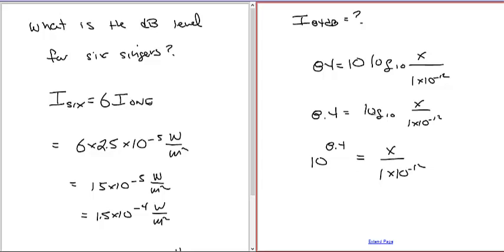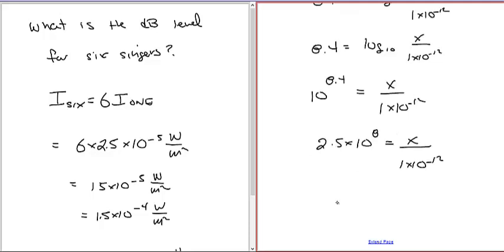Because here I'm doing 10 to log base 10. Okay, so 10 to the 8.4 power is 2.5 times 10 to the, let's count them, 1, 2, 3, 4, 5, 6, 7, 8, 10 to the 8th. So you'd get 2.5 times 10 to the 8 minus 12, which is negative 4.